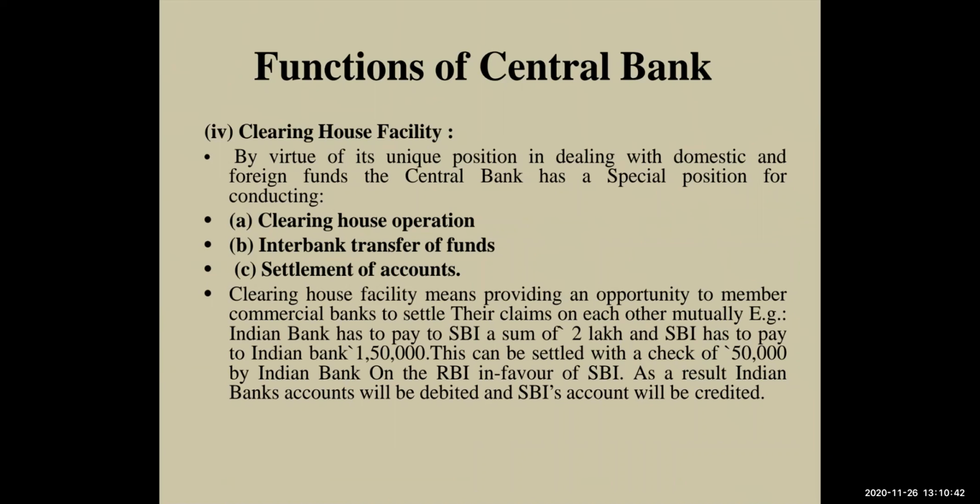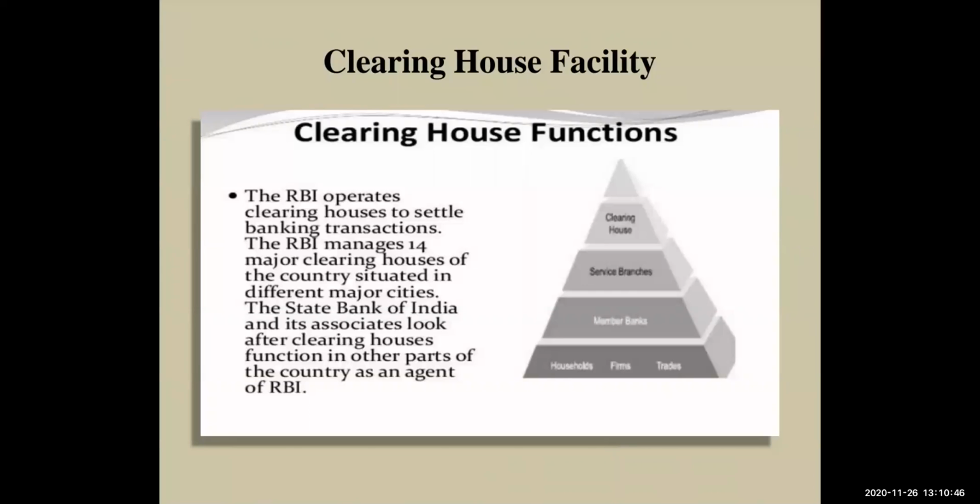So this is about the clearing house function of RBI. RBI operates clearing houses to settle banking transactions, and it manages 14 major clearing houses of the country situated in different major cities. State Bank of India and its associates look after the clearing house function in other parts of the country as an agent of RBI.